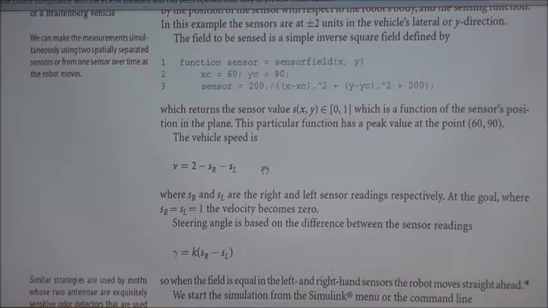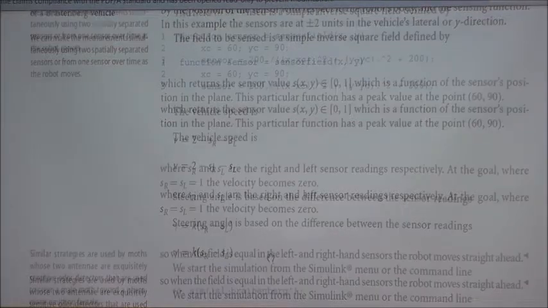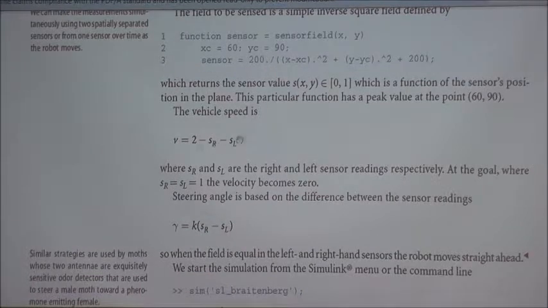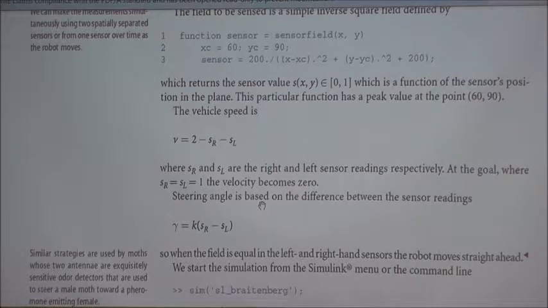You have to stop. And therefore this difference is an indication of an error or a gradient of the error. And what you are feeding back is proportional to this gradient, which is indirectly similar to a derivative controller.